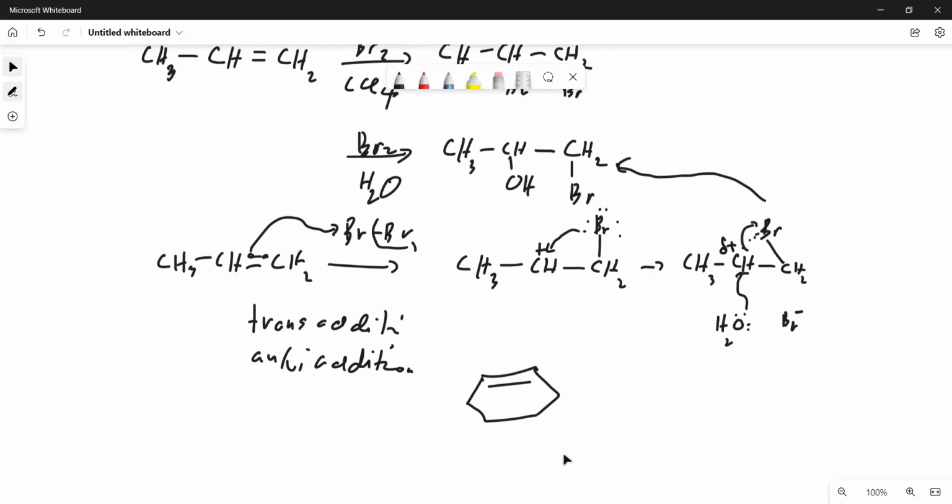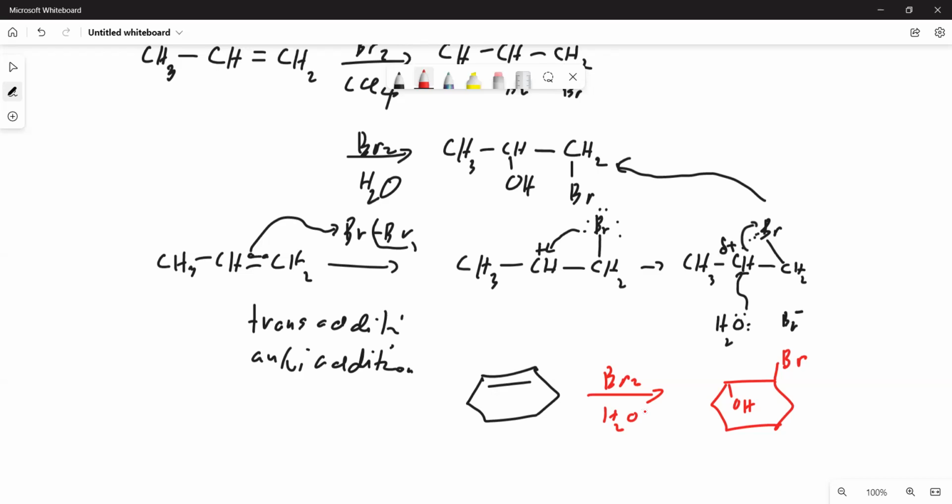But if you talk about cyclohexene, okay, and you react this with water, I mean in the presence of water. Now, since the mechanism is anti-addition, you will end up really with a trans product like this. Take note that a disubstituted cyclohexane can exhibit geometric isomerism, cis and trans.